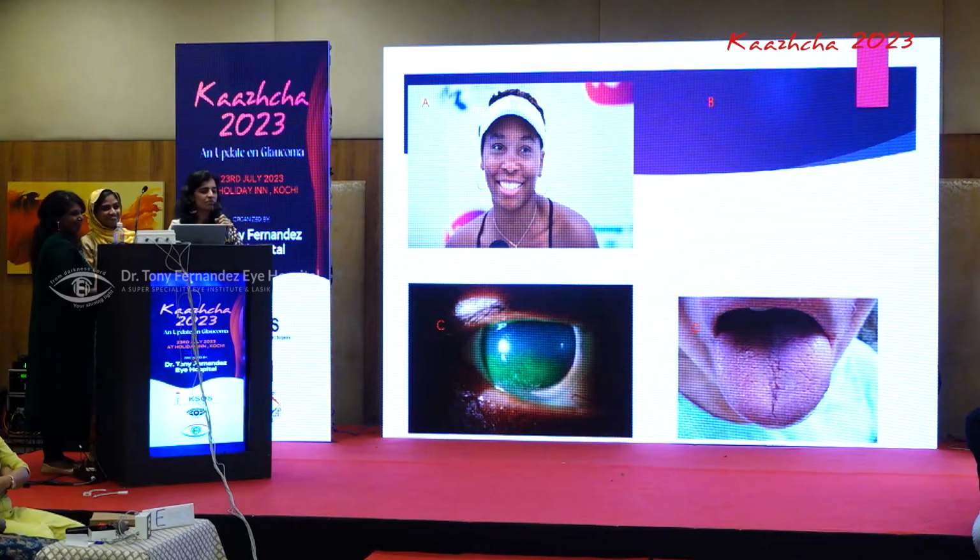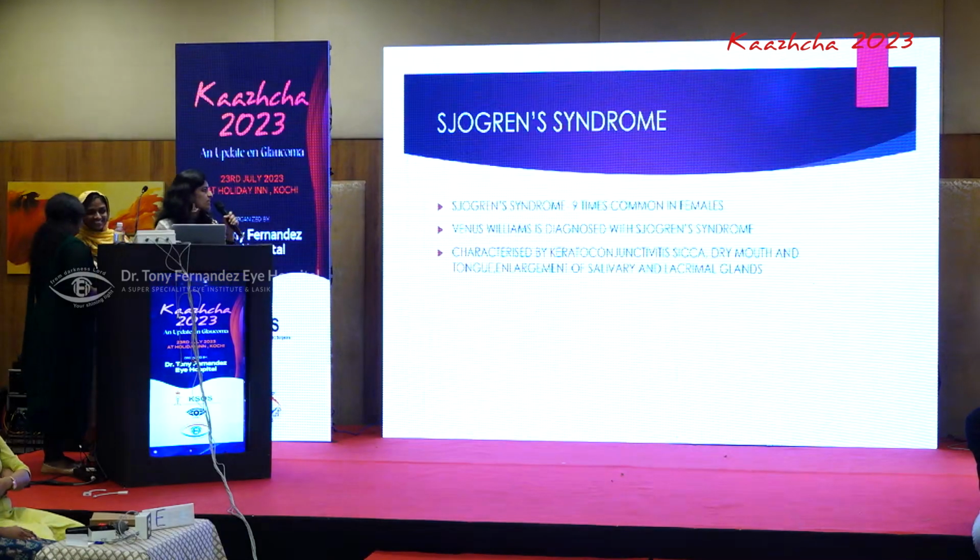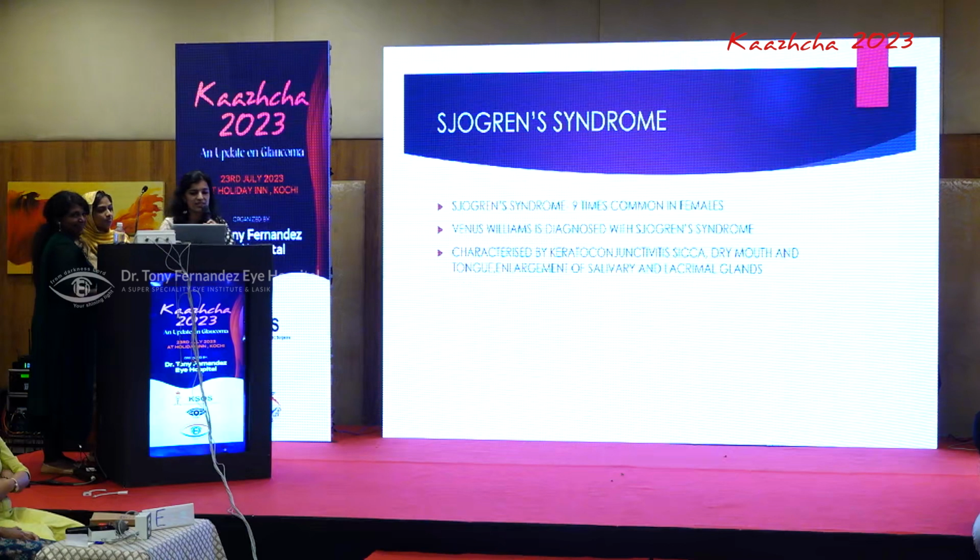B. Correct. So what is the syndrome? Dry eye and fissured. Sjogren's. Correct. So 5 plus 5, 10 marks. Sjogren's syndrome is 9 times more common in females. Venus Williams is diagnosed with Sjogren's syndrome, characterized by keratoconjunctivitis sicca, dry mouth, enlargement of salivary glands, etc. So 10 points to team B and direct question to team B.